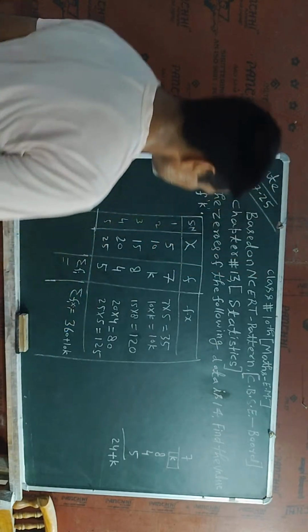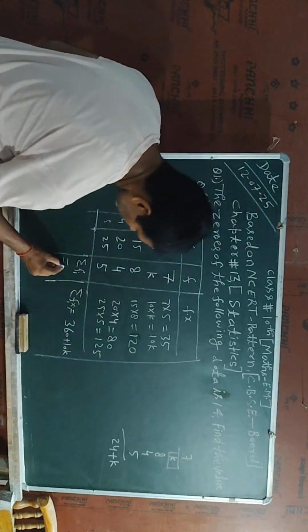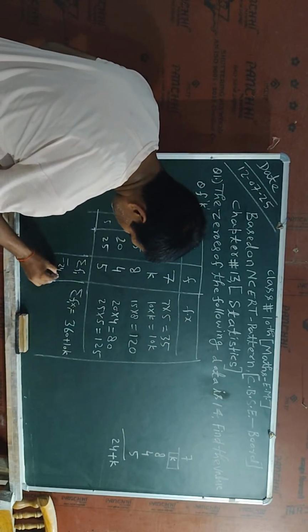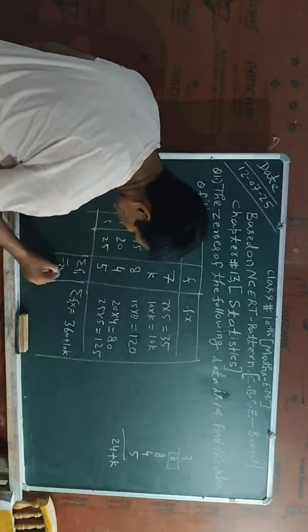So summation of fi I have got 24 plus 8. So value I have written here.